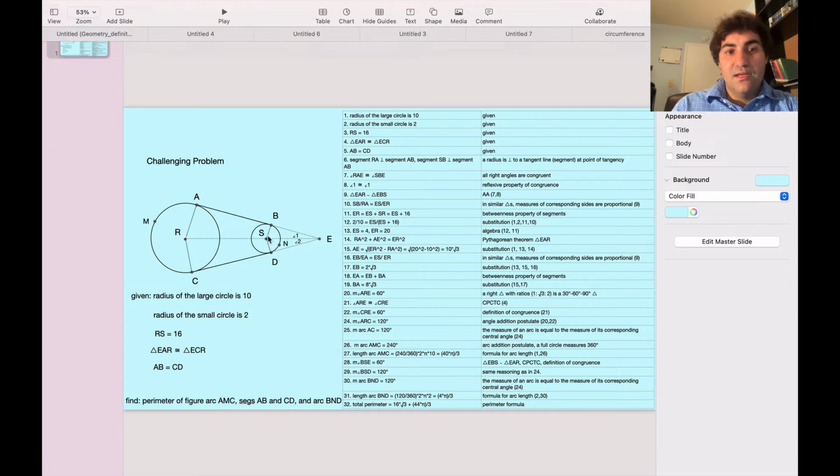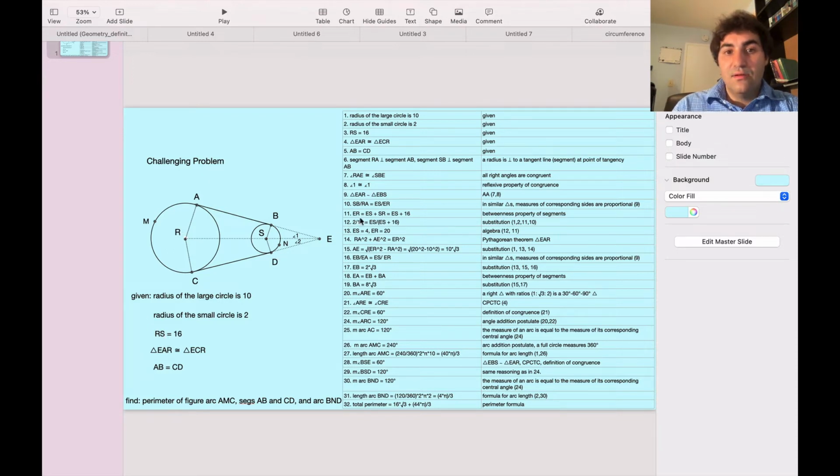So SB divided by RA is equal to ES divided by ER. We know that ER is equal to ES plus SR, by the betweenness property of segments, and SR is equal to RS, which is 16.